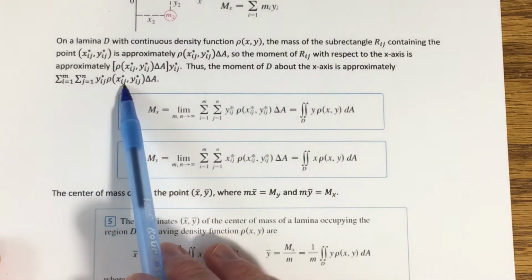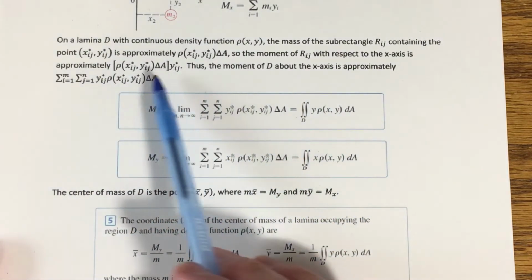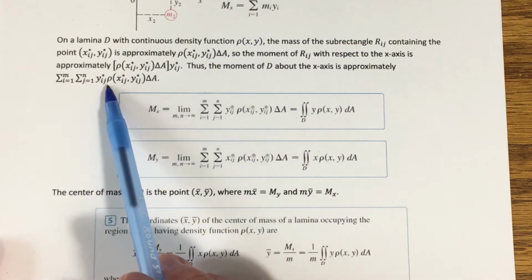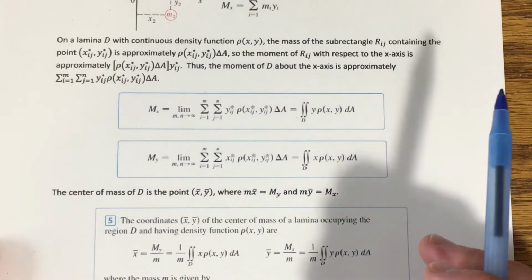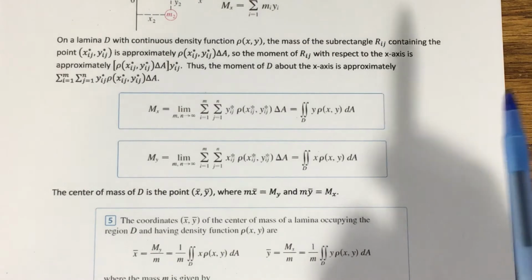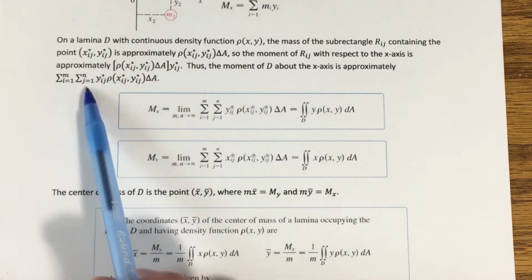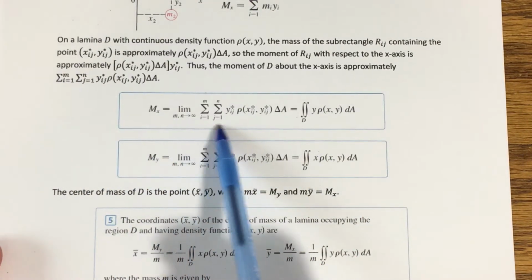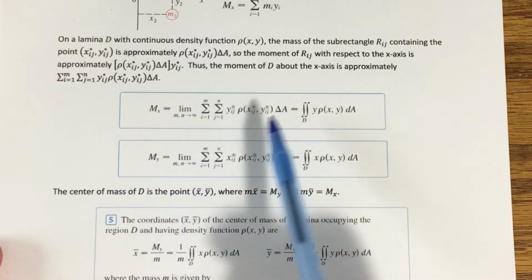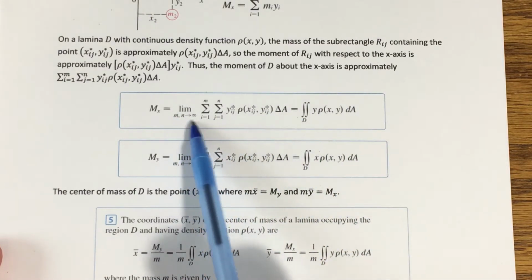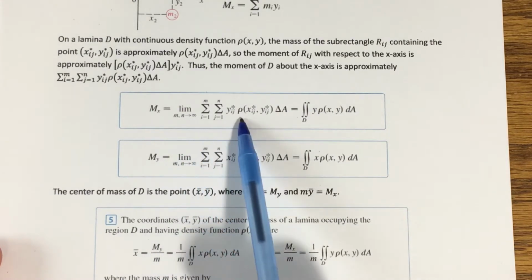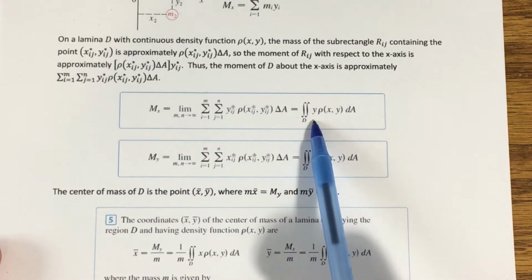That's what this double sum represents here. Notice at this point we're using a finite number of subrectangles to approximate that. But if I take a limit as m and n go to infinity, we would expect that approximation to become accurate. Because that's set up like a double Riemann sum, that limit should turn into a double integral here.